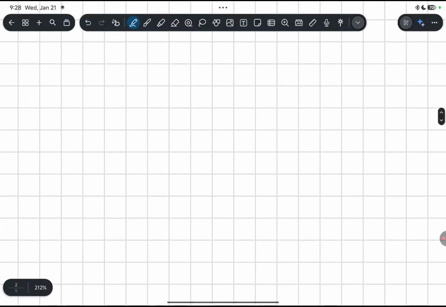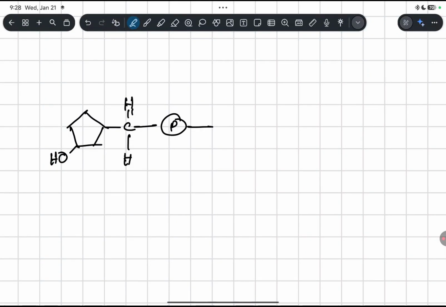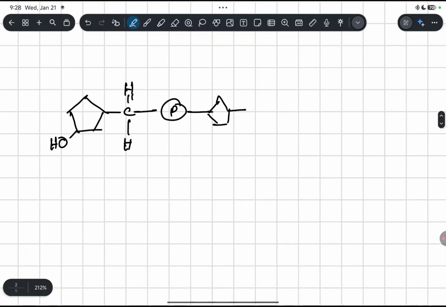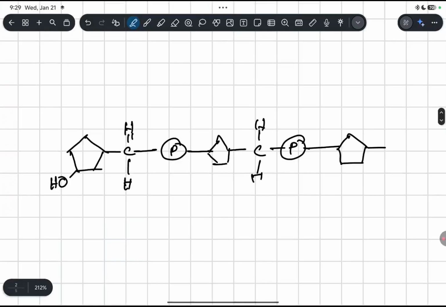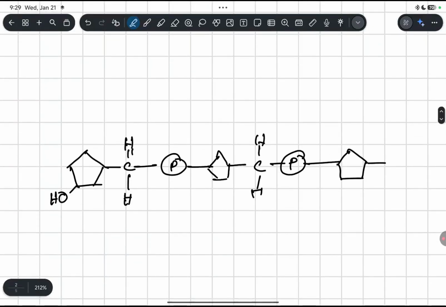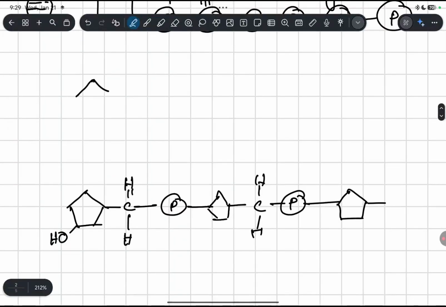So it will be somewhat like this. This is sugar, then we'll have one phosphate, then again we'll have that ribose sugar, then CH, right? Then again we'll have a ribose sugar. So this is how the entire thing is present, the sugar phosphate. Above also we'll have a structure like this.